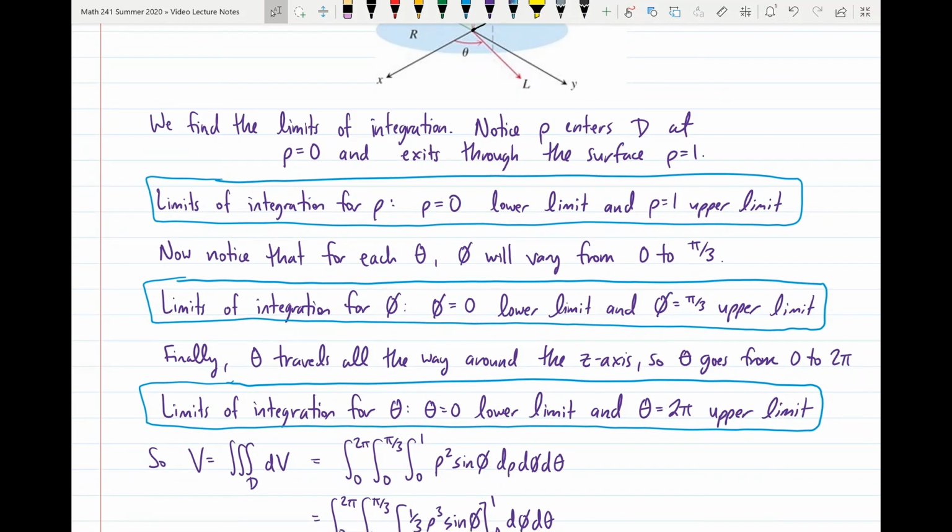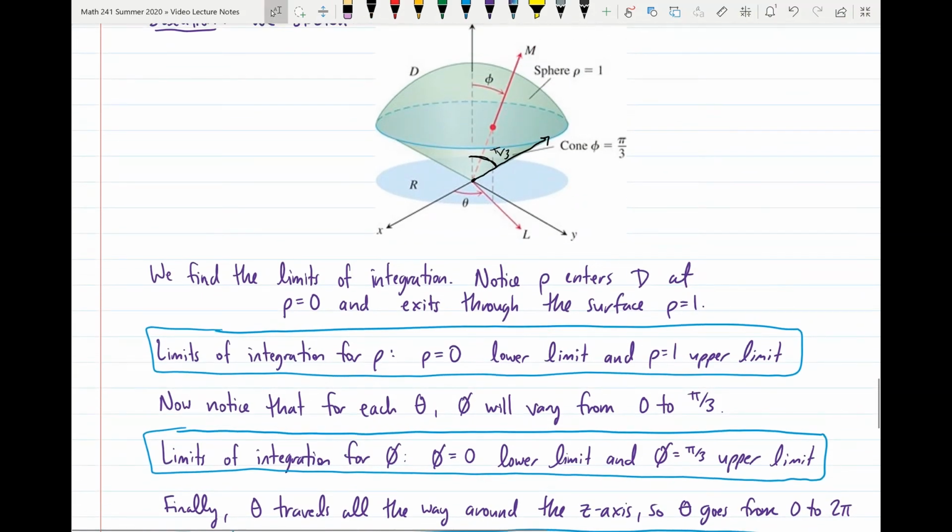Now notice that for each theta, phi is going to vary from 0 to pi over 3. If we look at our ray M here, the question is, what is the minimum angle between M and the positive z-axis, and what is the maximum angle? The angle between the ray M and the positive z-axis is phi.